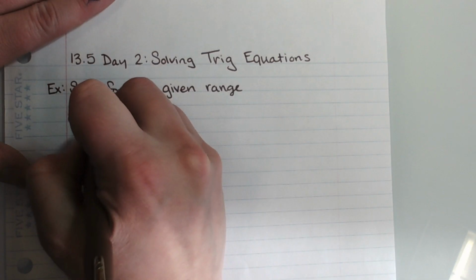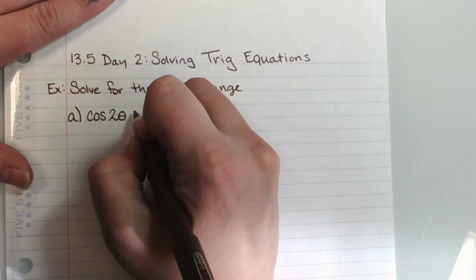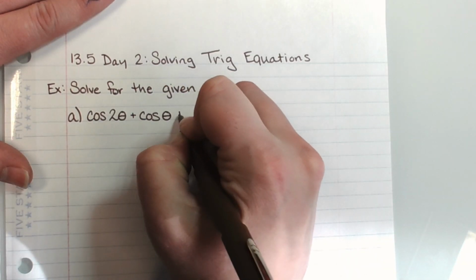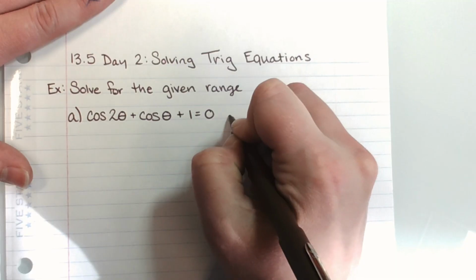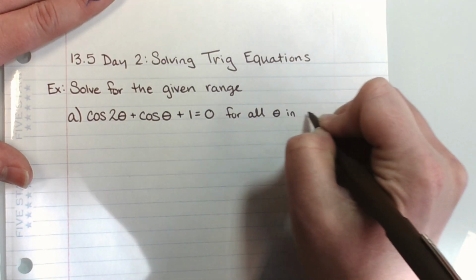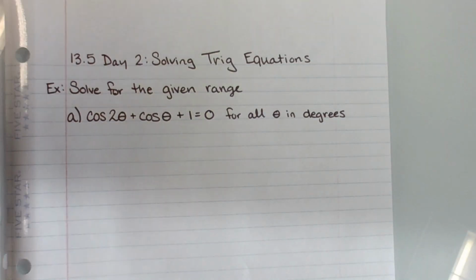For example, cosine of 2 theta plus cosine of theta plus 1 equal to 0. And we're going to solve it for all theta in degrees.